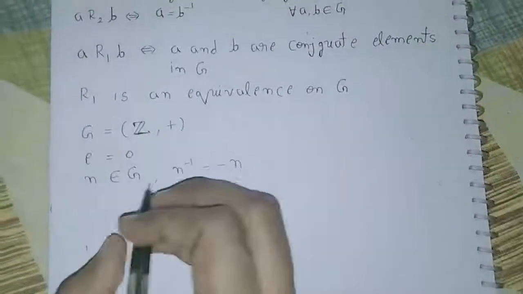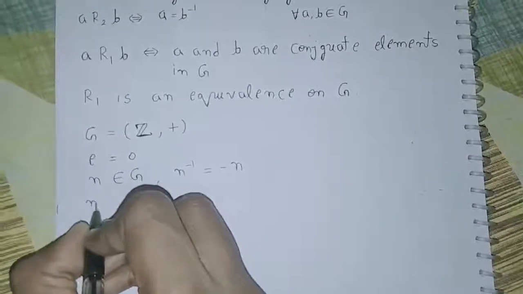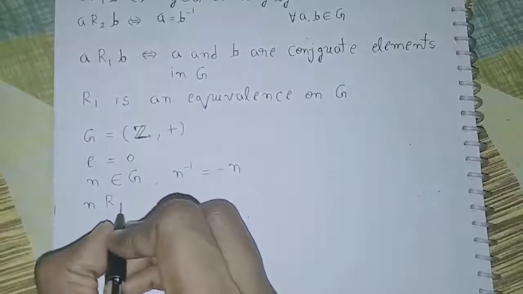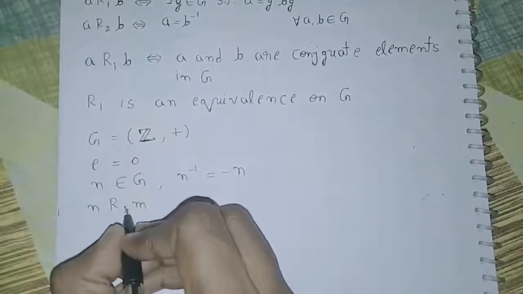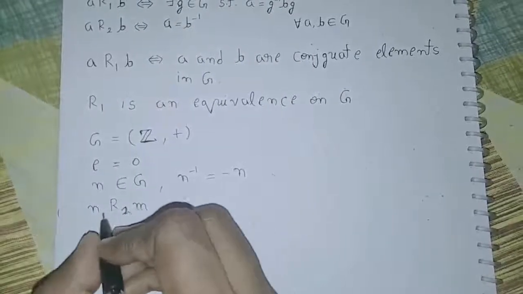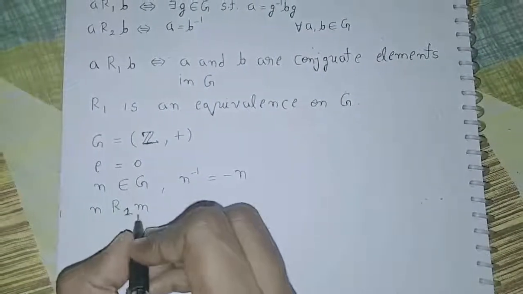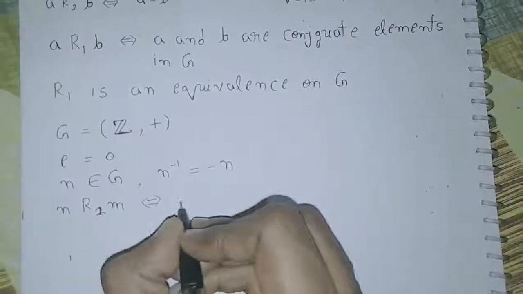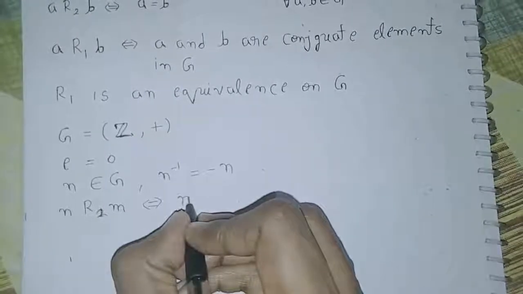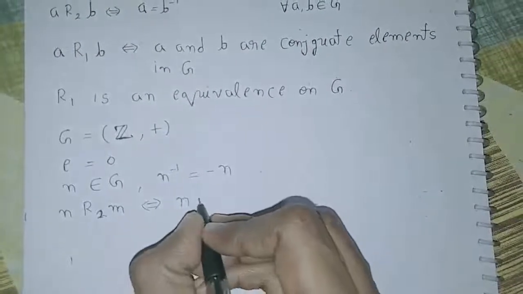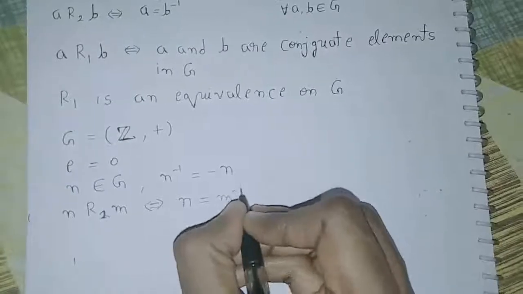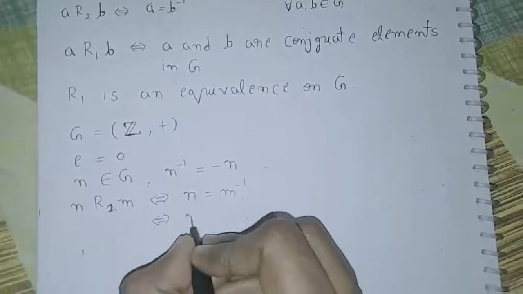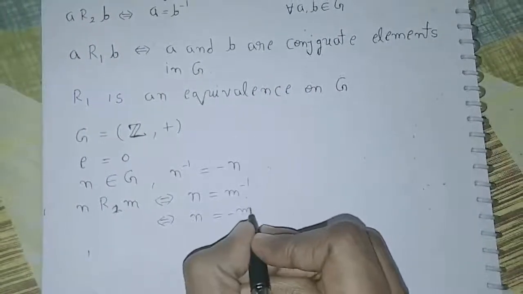Therefore n and m are related by R2 if and only if n is equal to m inverse, if and only if n is equal to minus m.